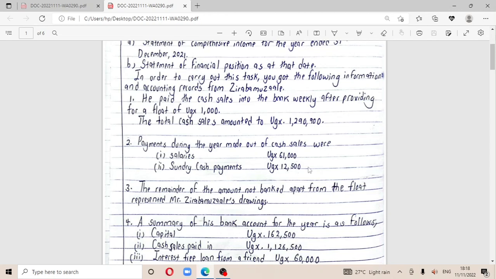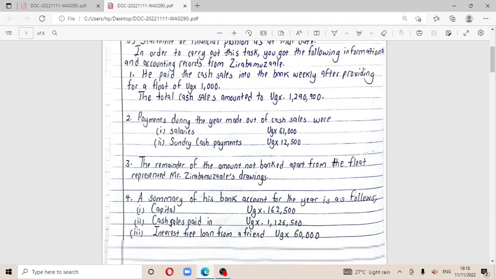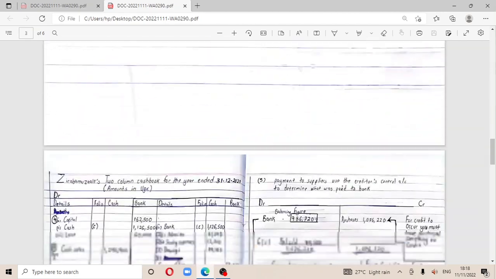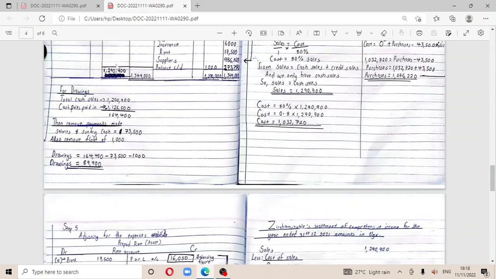So you also have to deduct this to get the proper amount that was not banked. Once you add the two, you get 73,500, and then you're also going to remove the float.